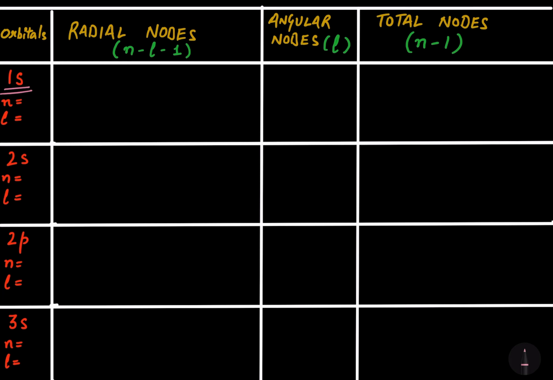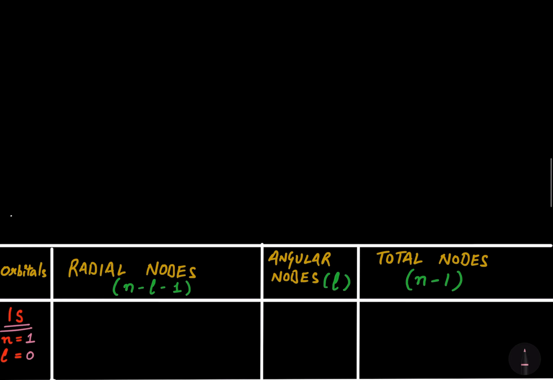In case of 1s, the principal quantum number will be 1, and for s the value of l is equal to 0. So let me firstly mention this also. I'm writing the values of l to be 0, 1, 2, 3. 0 represents s subshell, 1 represents p subshell, 2 represents d subshell and 3 represents f subshell.